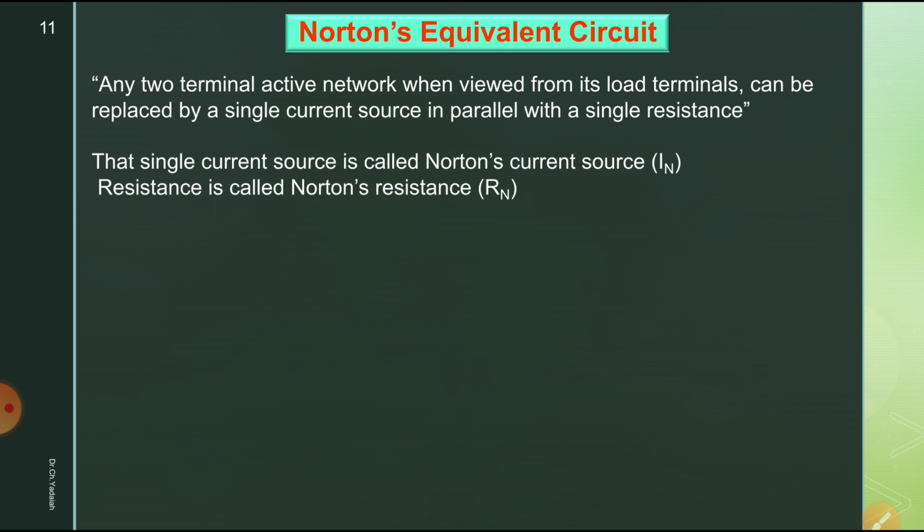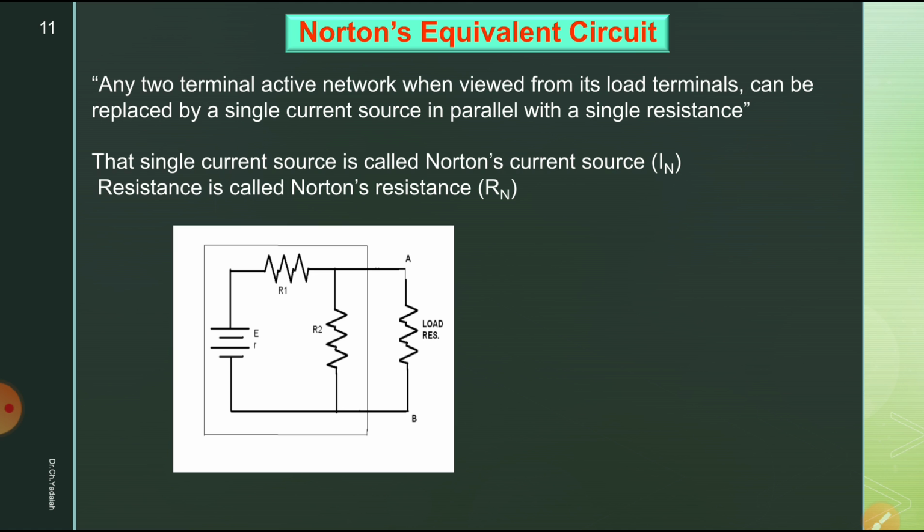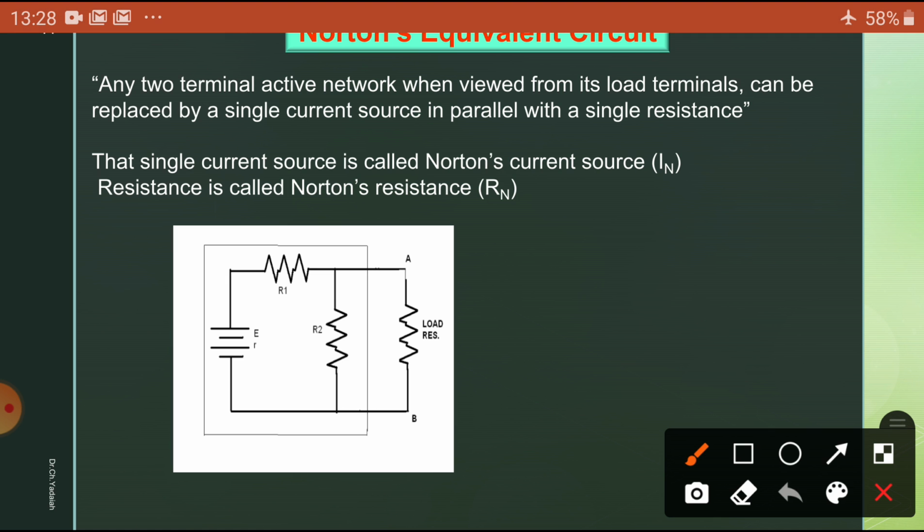Whatever the single circuit you can see here, we write as a single current source. The resistance connected in parallel to this source is known as the Norton's resistance.